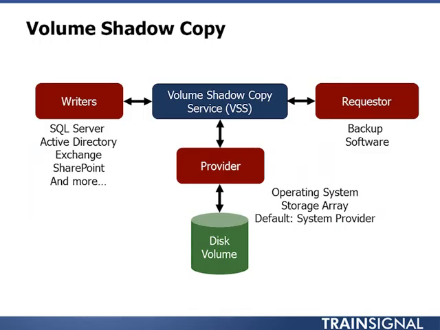So there are several components to VSS that you should be aware of. For starters, you have the volume shadow copy service here, otherwise abbreviated as VSS. And that has a couple of different components. It has the requester component here, and it also has the writers component here, and it has the provider. Now I'm going to start with the easy one.